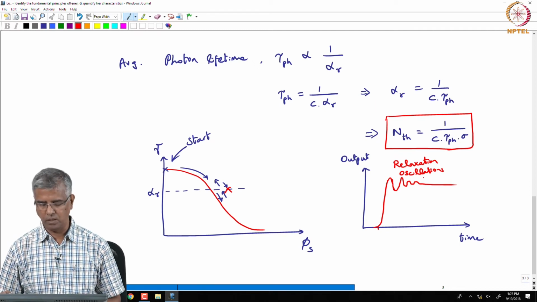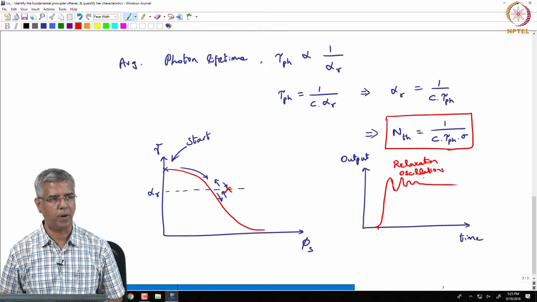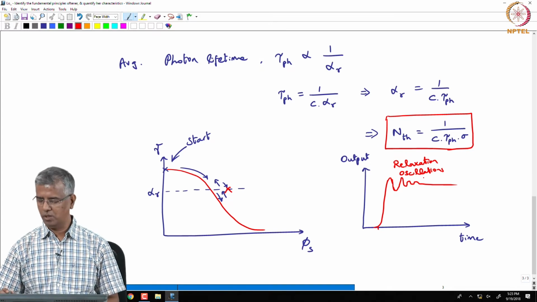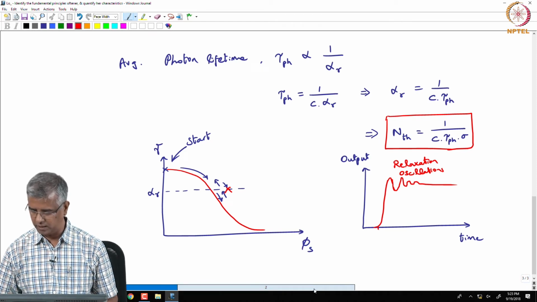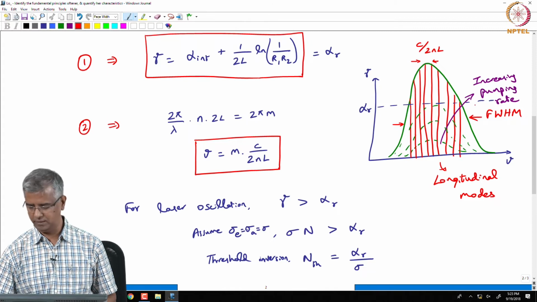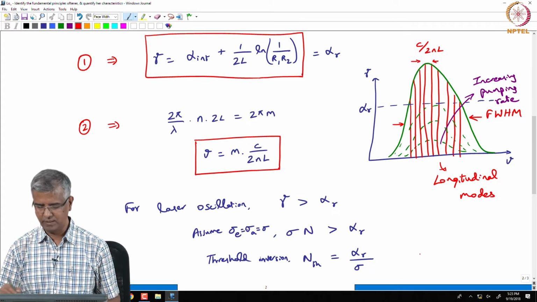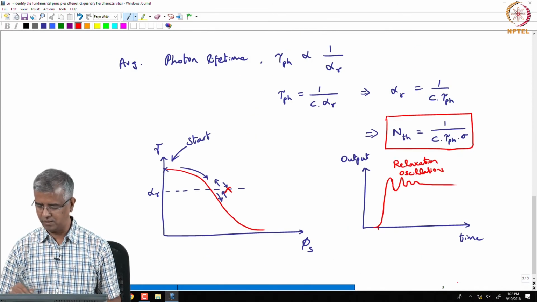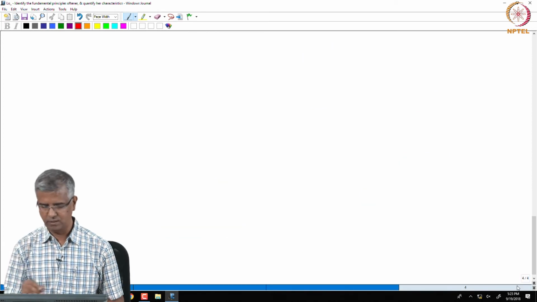So the question is, can we plot the output as a function of pump power? So output as a function of pump power is what we are looking at over here. As you increase the pump power, based on this, I can draw one more picture.